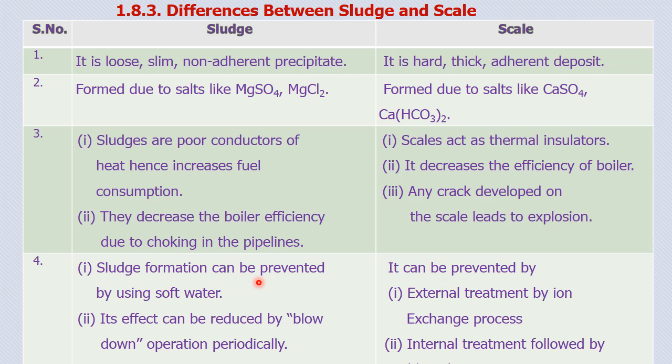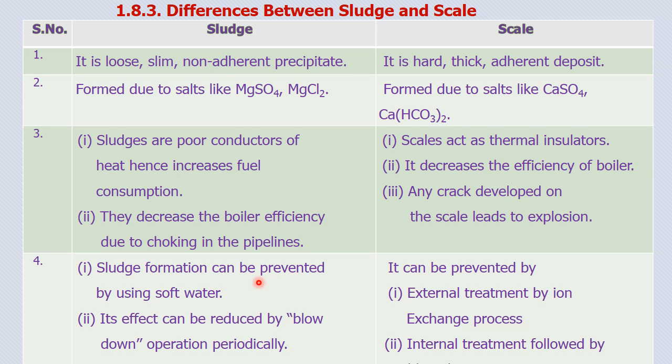What are the salts that cause them? Generally, magnesium salts are responsible for sludge, and two important things, calcium sulfate, magnesium and calcium silicate, and calcium bicarbonate are the cause for scale formation. Disadvantages of sludges: sludges are poor conductors of heat and decrease the boiler efficiency.